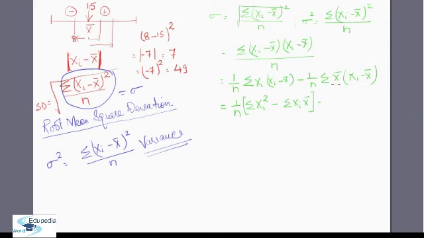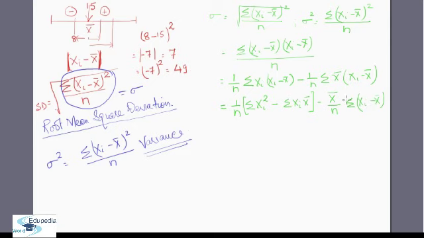Now here, this x bar is a constant, so I can take it outside the summation sign. Therefore, I will have x bar by n times summation (xi minus x bar).